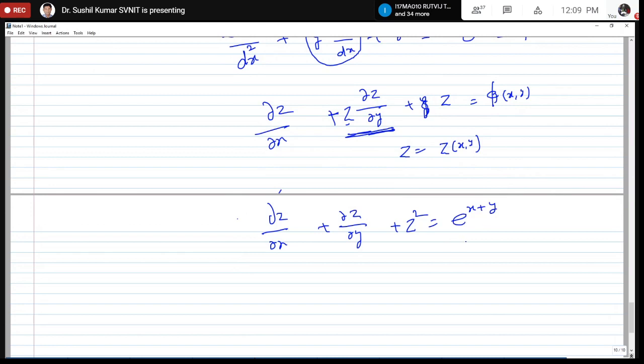In tutorial, there are questions: check the linearity of this, say whether the following equations are linear or non-linear, and also give the reason. So, is this equation linear or non-linear? Non-linear. Why is it non-linear? It contains z square, because this term is a non-linear term. This equation is non-linear due to this term.